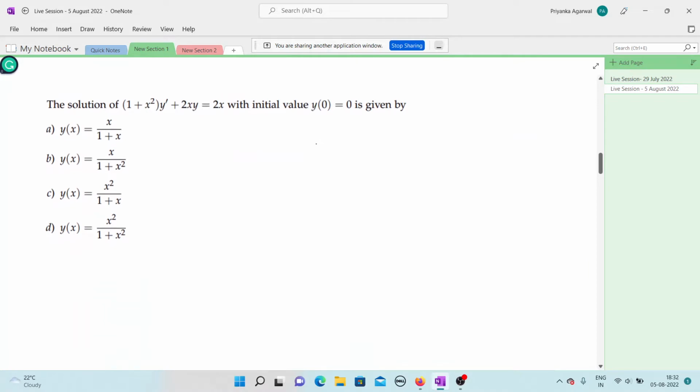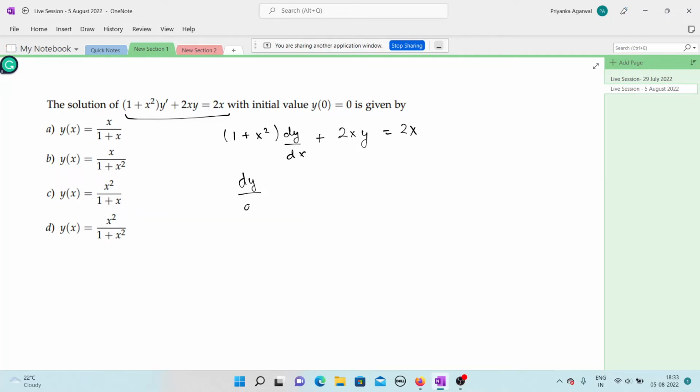So now let's solve this question where it is given that the solution of 1 plus x square y prime plus 2xy equals to 2x with initial value y0 equals to 0. What will it be? So let's write this 1 plus x square dy by dx plus 2xy equals to 2x. Now let's try to bring it into the standard form of a linear first order differential equation, because this is first order differential equation.